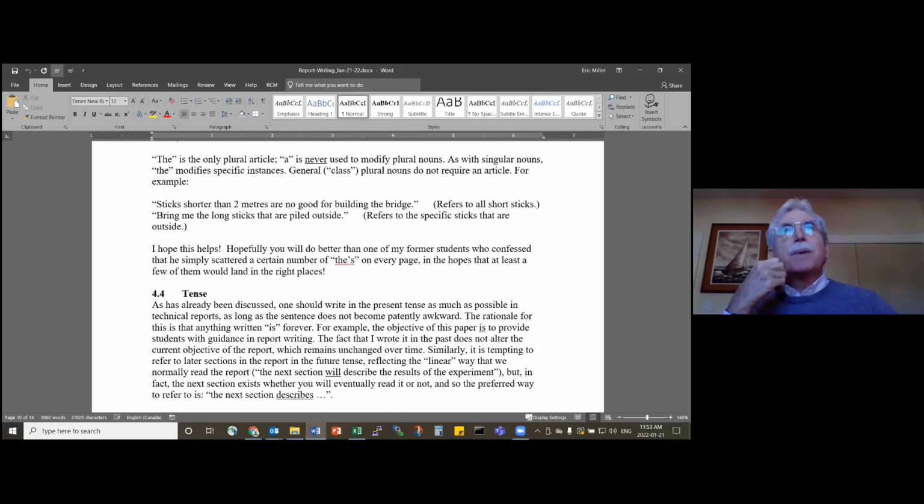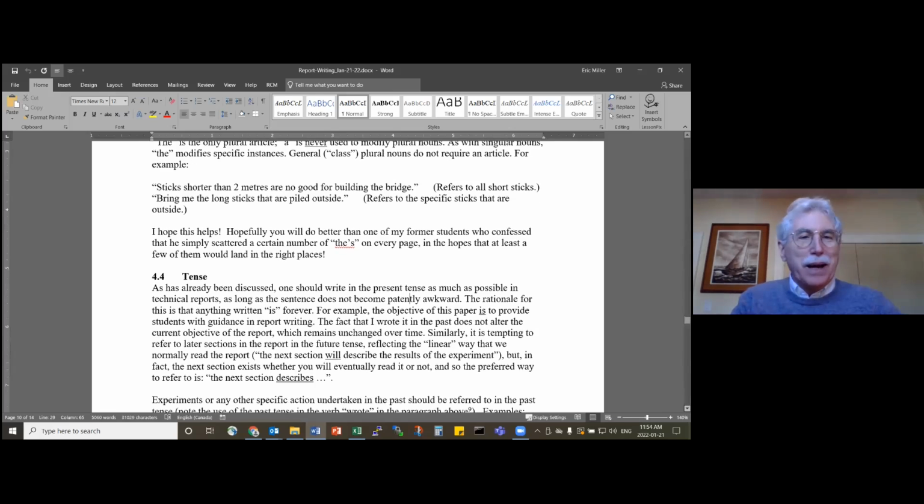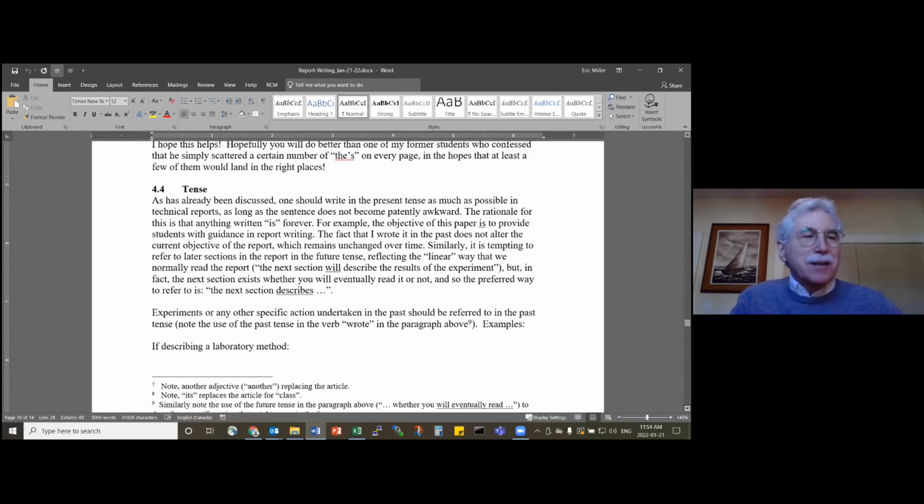But he confessed at the time he was writing his PhD thesis that he would just allocate himself 10 "the"s per page and attach some, he claimed randomly, to nouns on that page and hope that someone would be right. I'm not sure that's the best way to learn, and I would not recommend that to anybody, but it just illustrates that even though it's so nitty gritty and so detailed, it's tough. I recognize it.